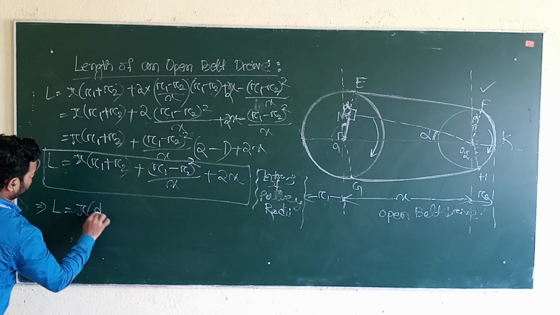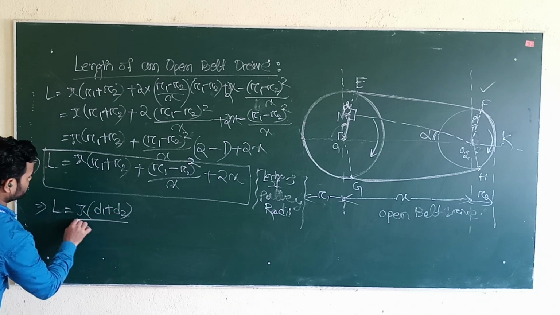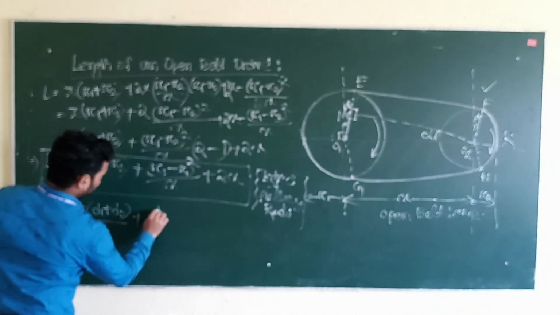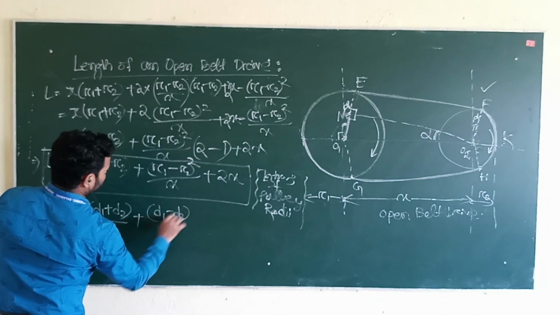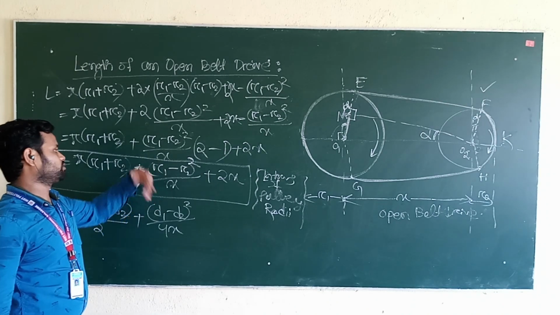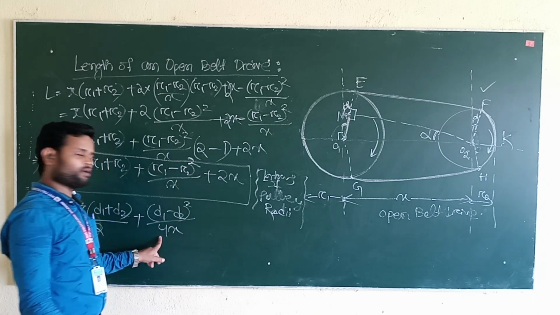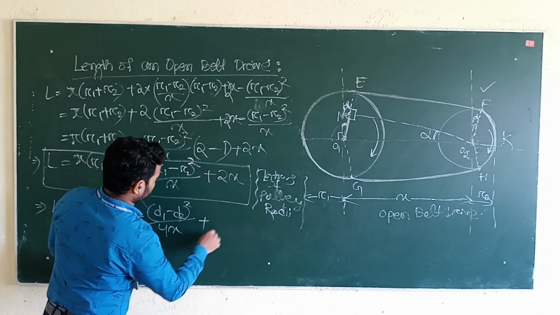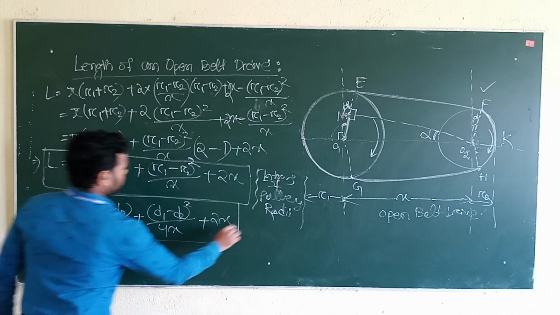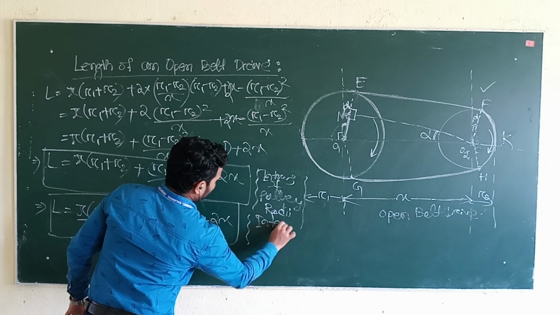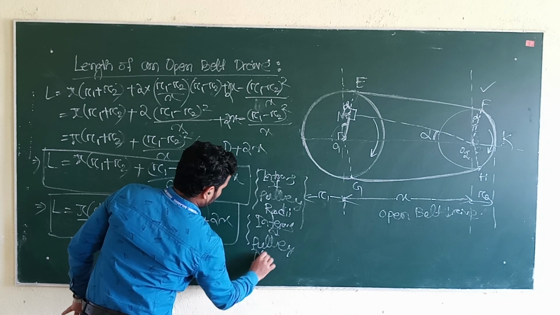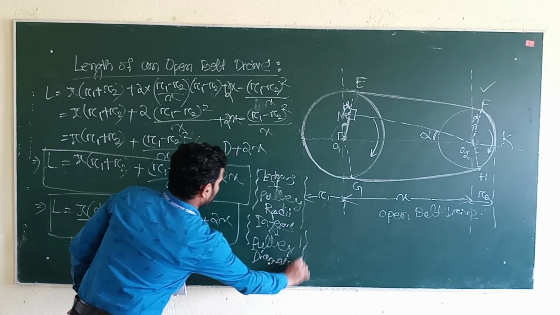So pi (d1 plus d2) divided by 2, plus (d1 minus d2) square by 4x, because r equals d by 2, so half squared is 1 by 4, plus 2x. So make it a box and write that it is in terms of pulley diameter.